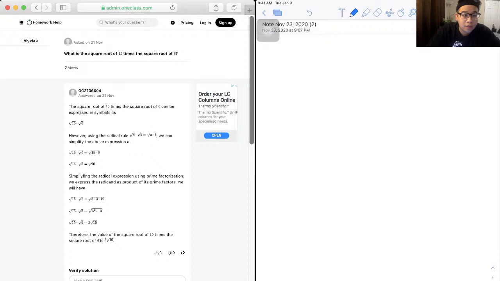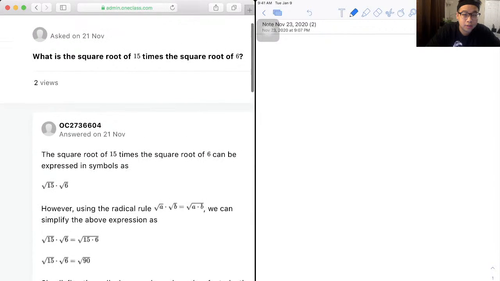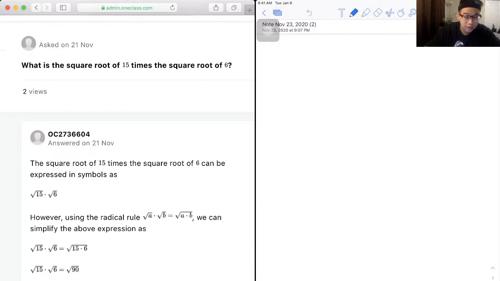Our first question today is asking us, what is the square root of 15 times the square root of 6? Okay, so let's copy down the question.